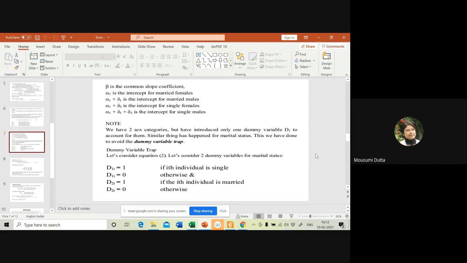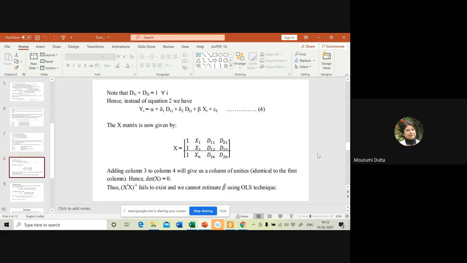So together you cannot have D1I is equal to 1 and D2I is equal to 1. So D1I plus D2I is equal to 1 for all i. Hence, instead of equation 2, we have yi is equal to alpha plus delta 1 D1I plus delta 2 D2I plus beta xi plus epsilon i.